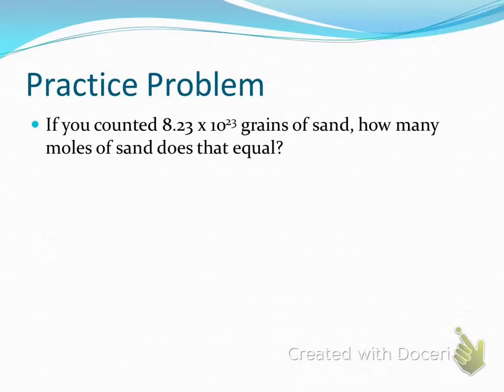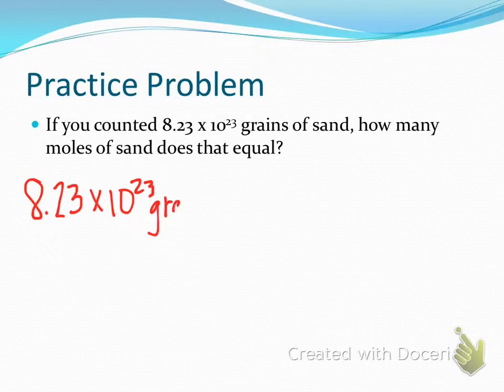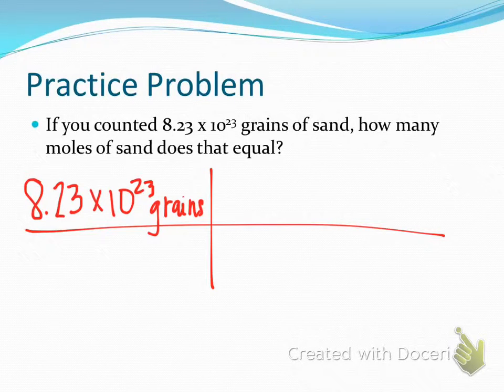8.23 times 10 to the 23rd grains of sand. That's what we write because that's what we know. And it's grains. So what unit needs to go on the bottom now? Grains. Yep, grains of sand.